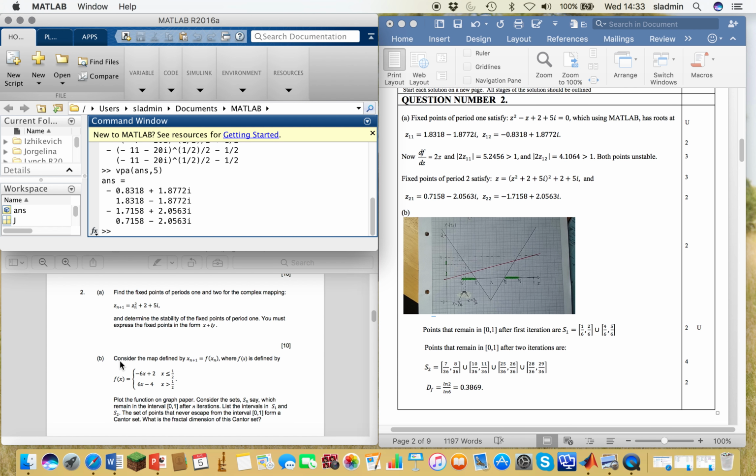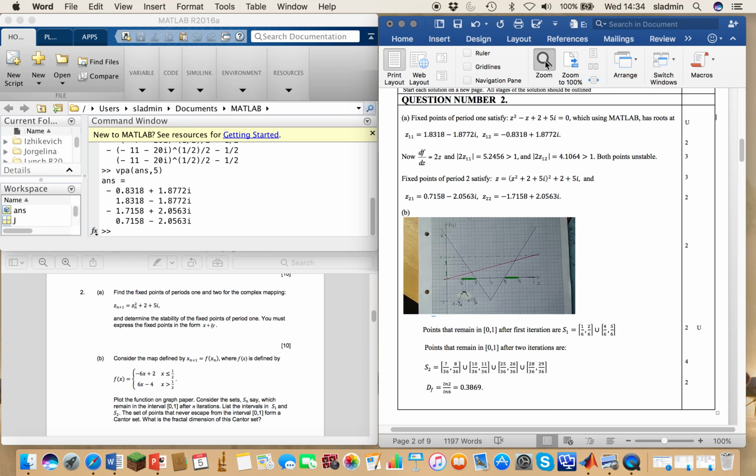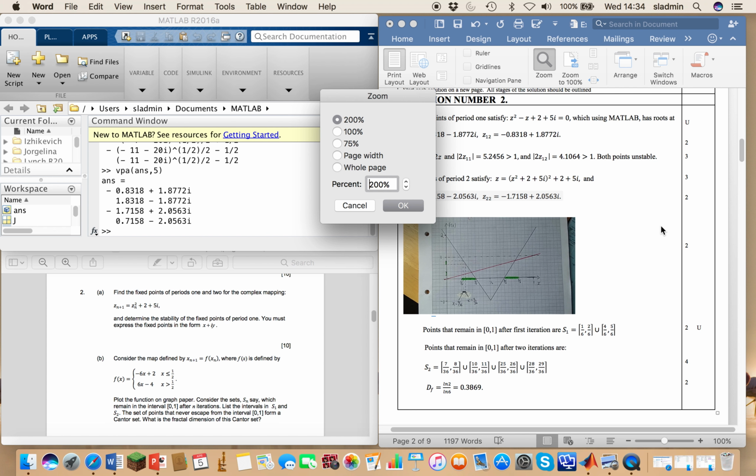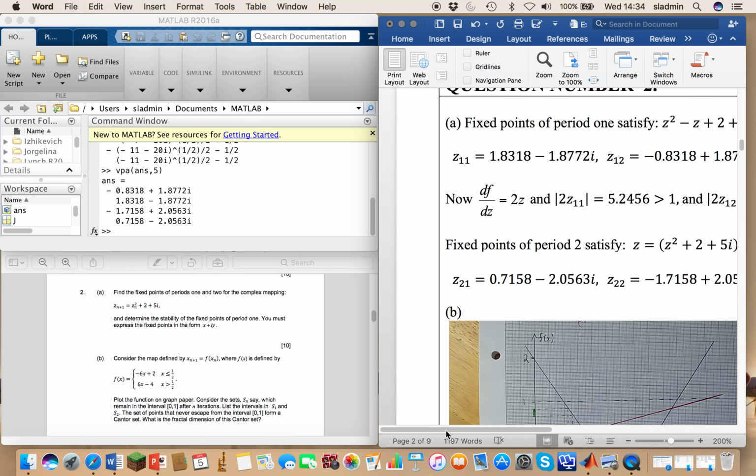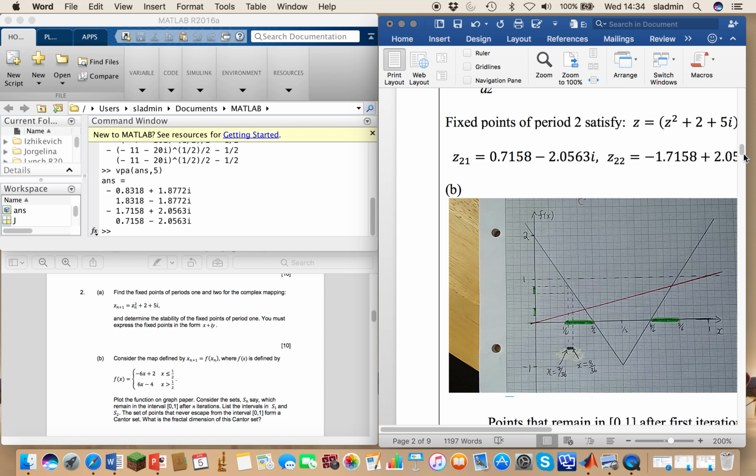For part B, we have this map defined by xn plus 1 equals f of xn. The first part of the question, we have to plot the functions, which is easy to do. So let me just zoom in on this picture to show you this. And we want to find the fixed points which remain bounded after 1 and 2 iterations.